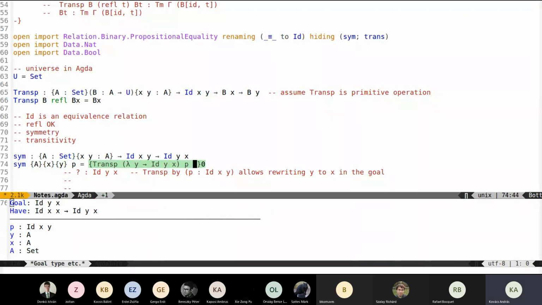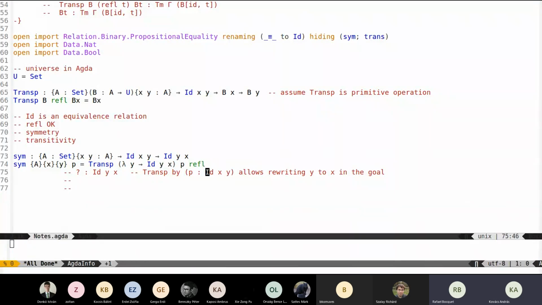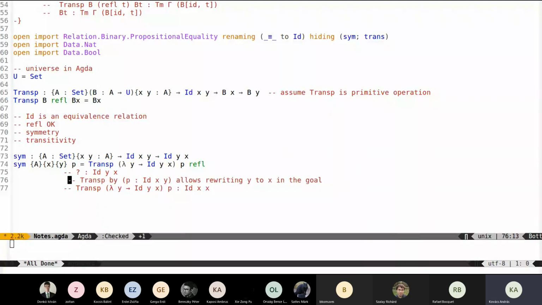If I do this, then the goal just becomes id x x, and I can use refl. So here the goal is id y x, and here the goal is id x x. Yeah, so this is symmetry.